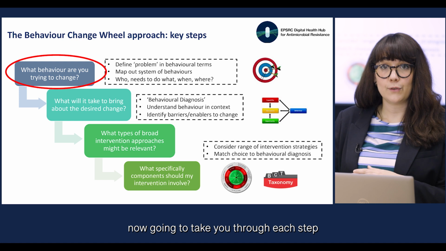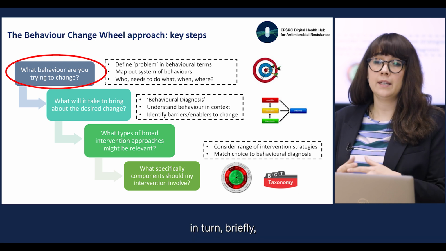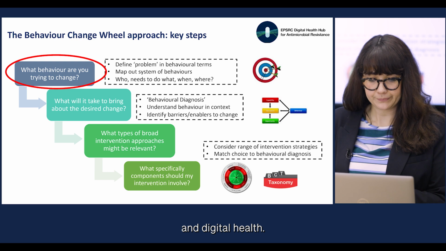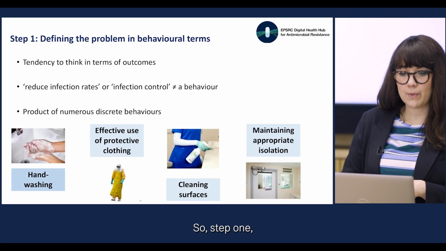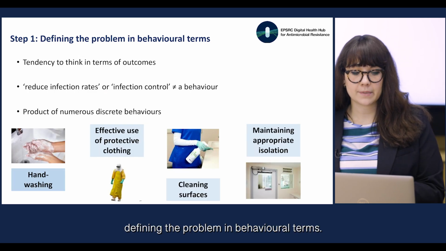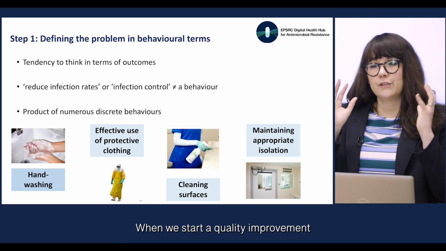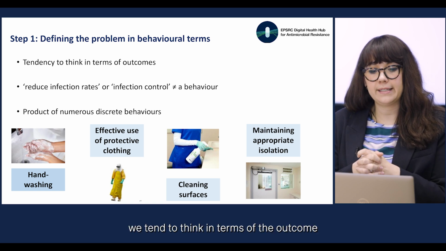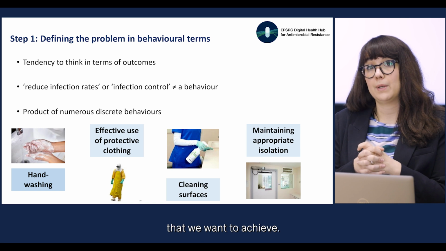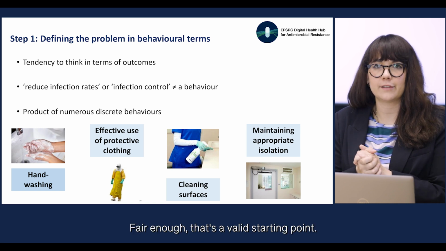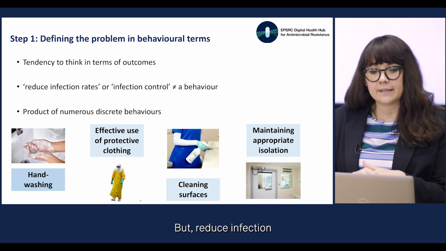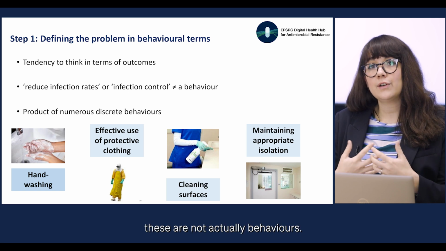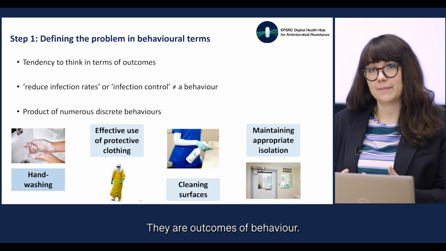I'm now going to take you through each step in turn briefly, with an example from antimicrobial stewardship and digital health. So, step one, defining the problem in behavioral terms. When we start a quality improvement or behavior change intervention design process, we tend to think in terms of the outcome that we want to achieve. Fair enough, that's a valid starting point. But reduce infection rates or improve infection control, these are not actually behaviors, they are outcomes of behavior.